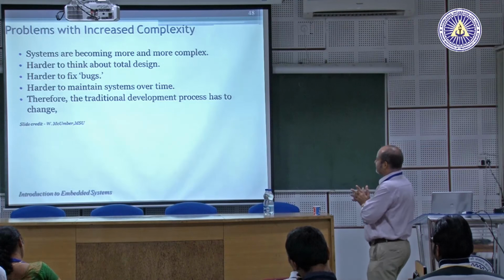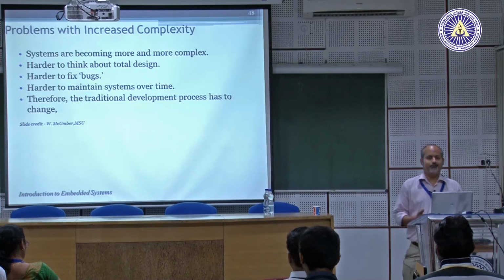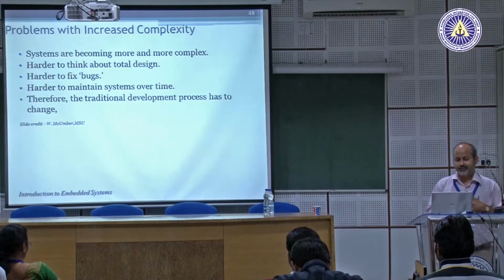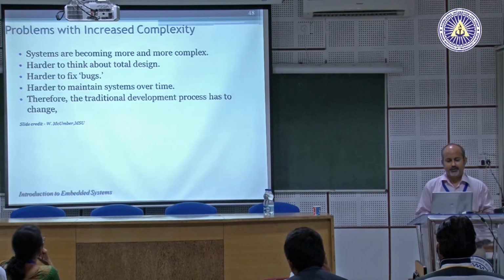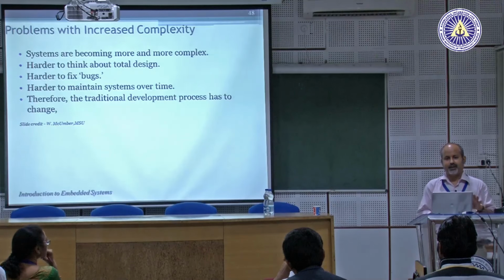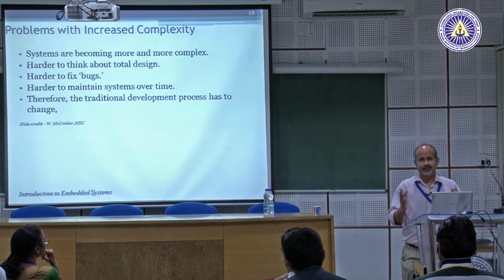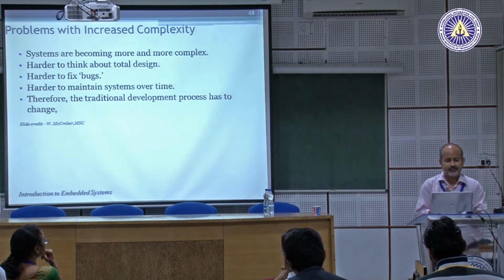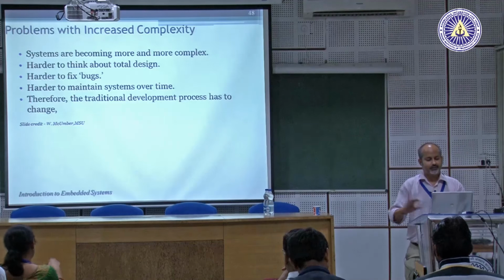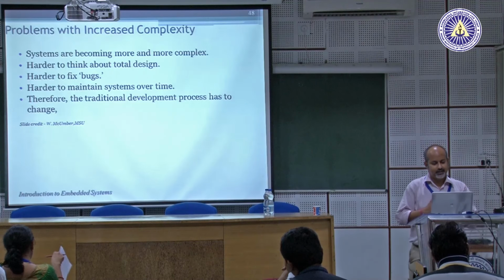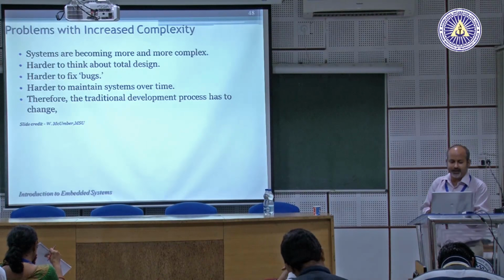Systems are becoming more and more complex, so it's harder to think of the total design in one go. So you might actually modularize your design, this part does this, this part does this, and then you have to design the interface. Fixing bugs is difficult because it can be distributed all over the system, and an effect might be felt in one part.